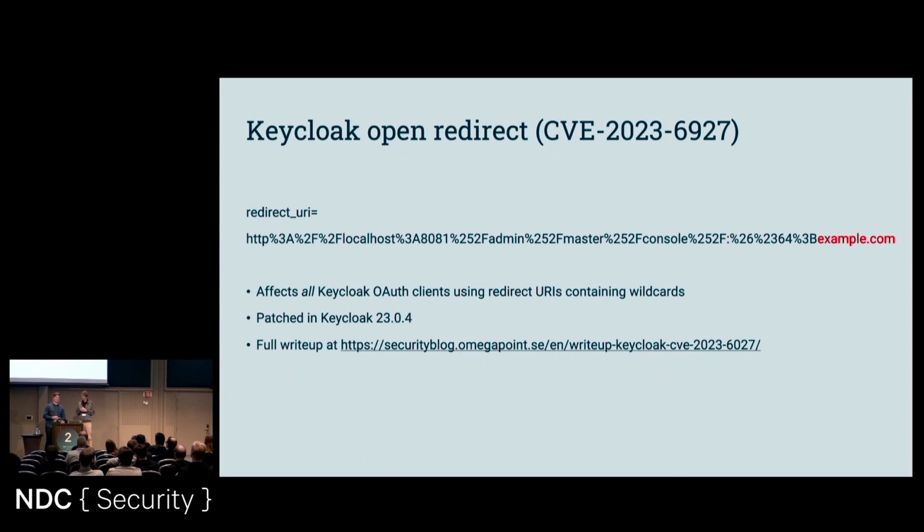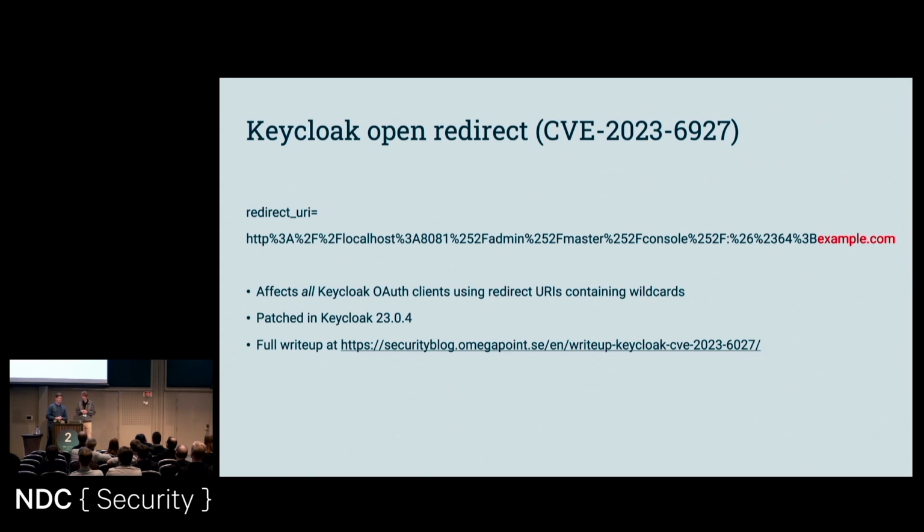But instead of sending the authorization code or access token to the Keycloak instance, it sends it to example.com. So this is an open redirect vulnerability in Keycloak that we reported in December. It's simply a bug with the star function. It wasn't meant to work this way.